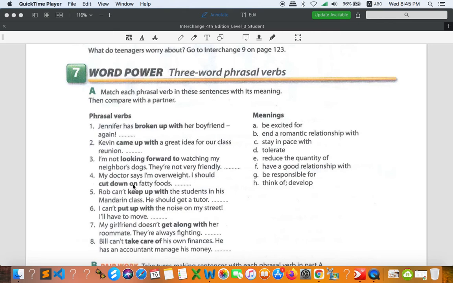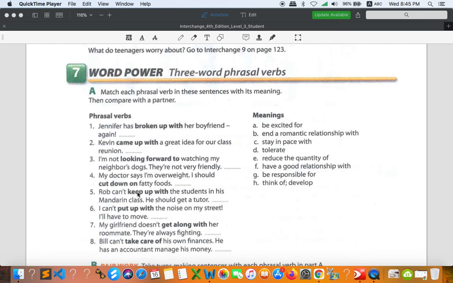Okay, so keep up with, so that should be letter, all right, it must be letter C. Stay in pace with, just like you are okay with someone. You can spend time with this person, or you can be together with this person, without having any problems.